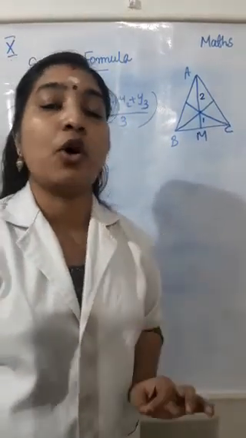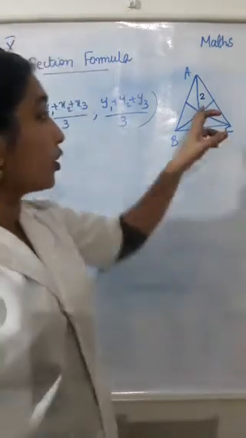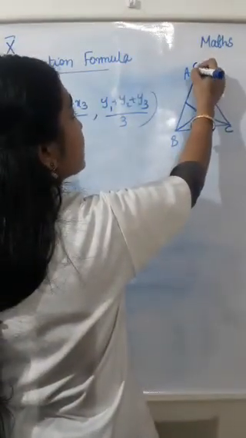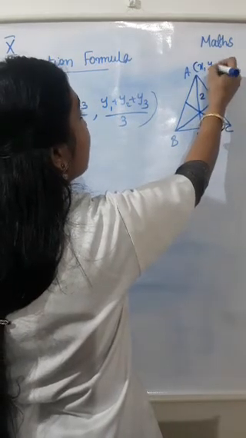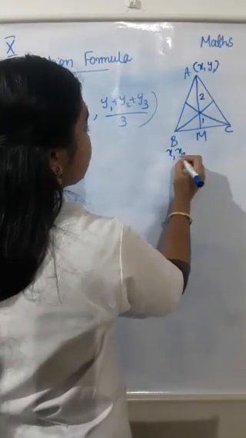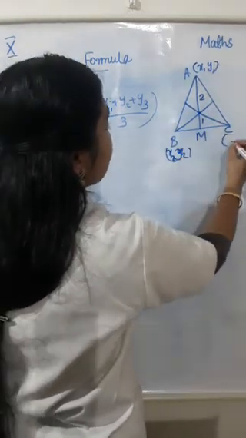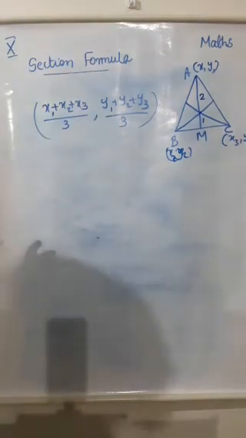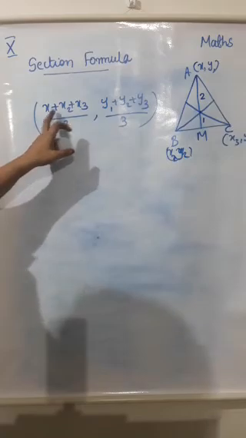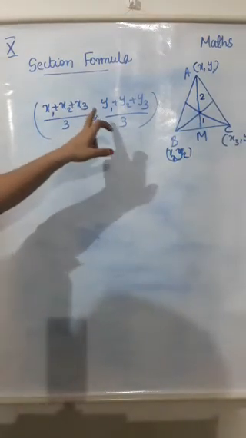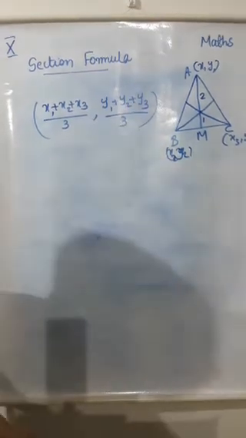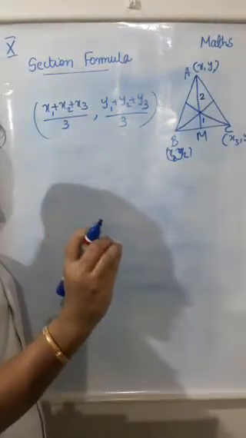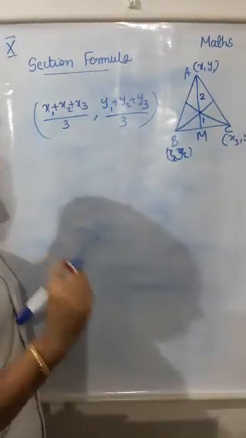The point is called the centroid of the triangle. If the vertices of the triangle are x1, y1, x2, y2 and x3, y3, then the coordinates of the centroid of the triangle is x1 plus x2 plus x3 by 3, y1 plus y2 plus y3 by 3. The centroid divides the median in the ratio 2:1.